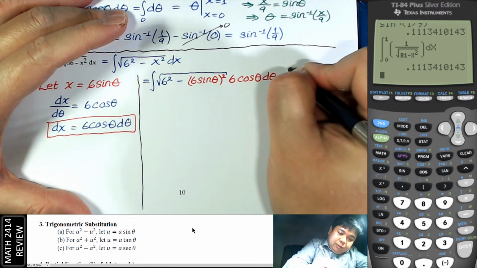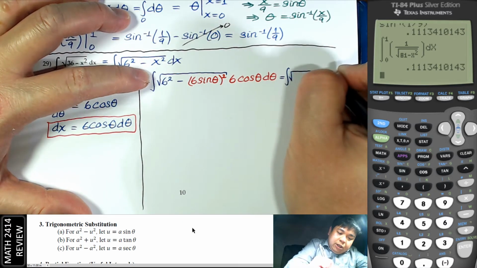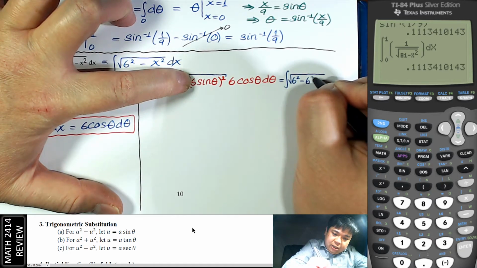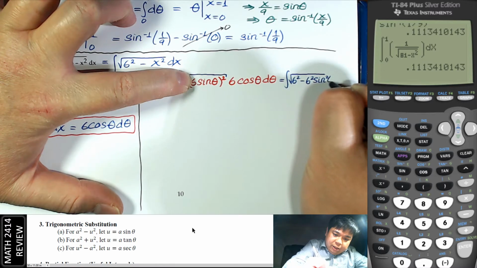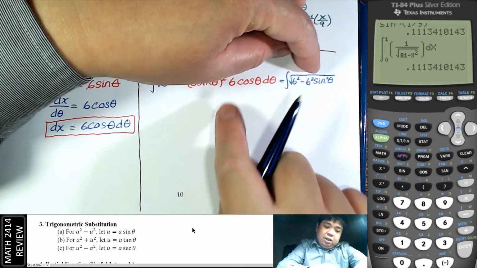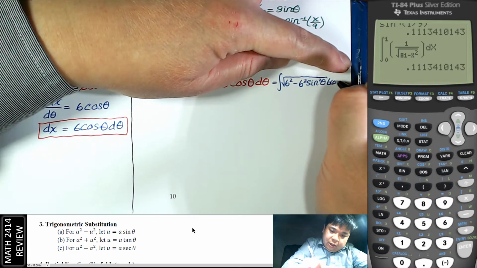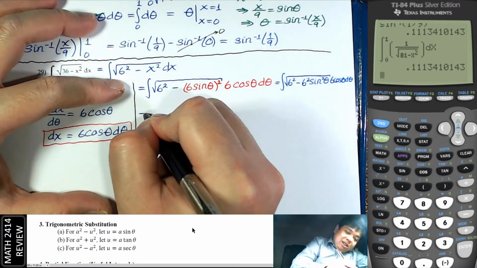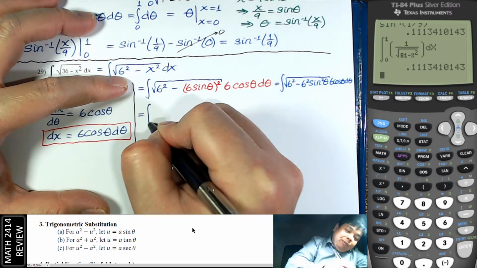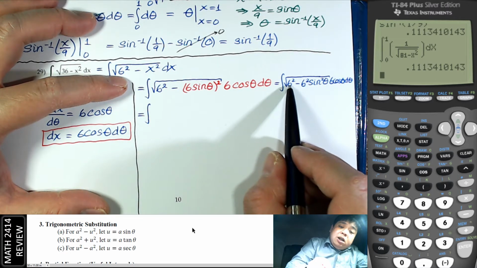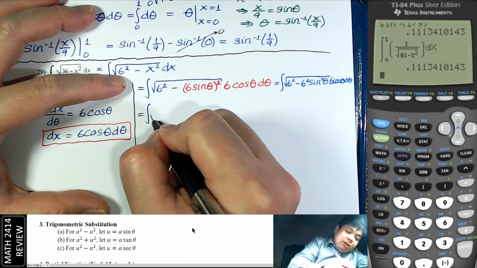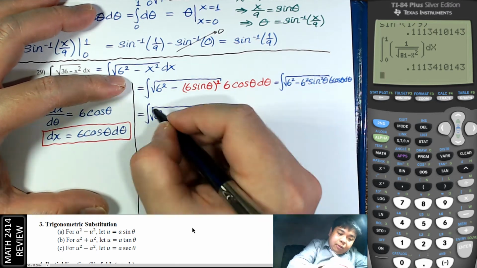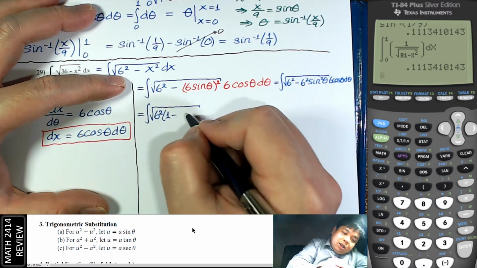Square root. This gives us 6 square minus 6 square sine square, and then there's 6 cosine theta d theta. Sorry about the extra space at the end there, but that's what we have. Of course we can factor out the 6, but we should factor out the 6 square here, and 1 minus sine square.